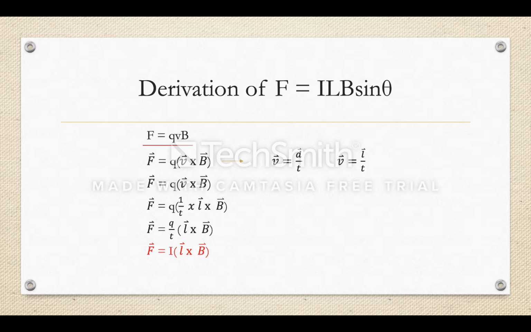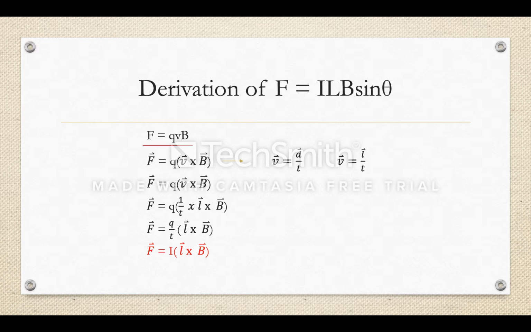The velocity is also the distance over time, where instead of d we will represent the distance with L, which shows the distance that the electron travels. Then let's substitute this velocity equation into the magnetic force equation, in which we will get the charge times L over T times the magnetic field.